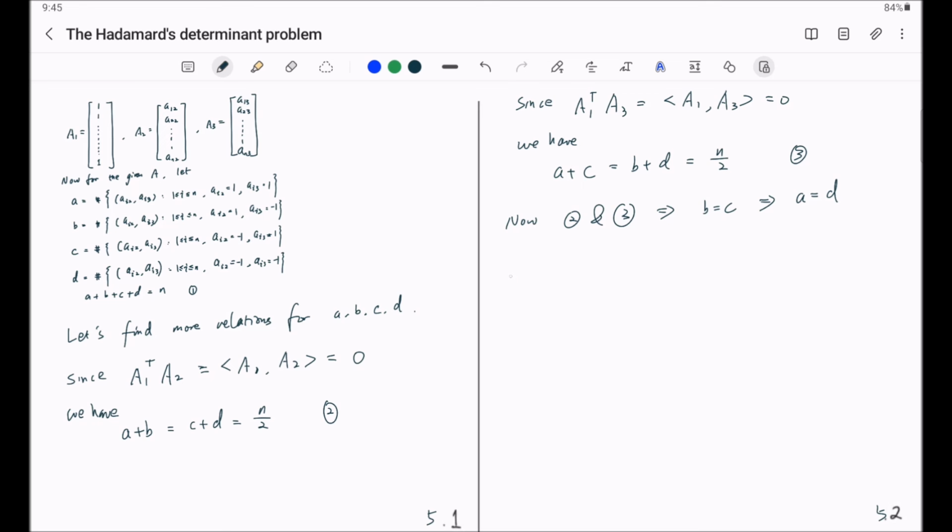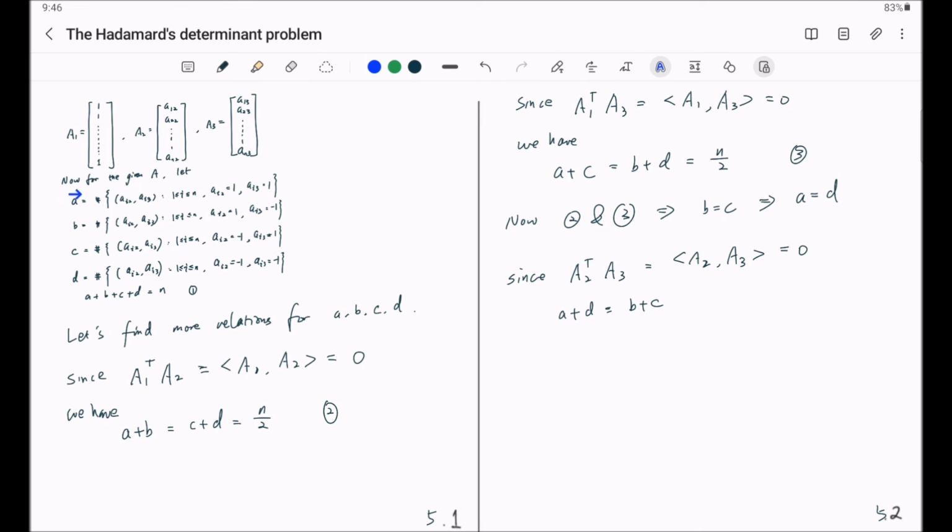Now, we further observe that since A2^T A3, the inner product between A2 and A3, is also 0, this relation tells us that A plus D must be equal to B plus C. Because when you take this inner product, A plus D counts the number of plus ones, and B plus C counts the number of negative ones.